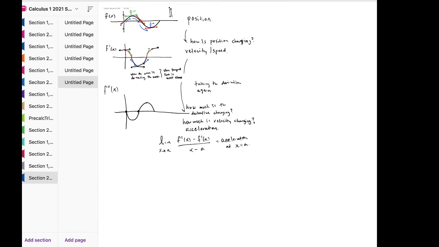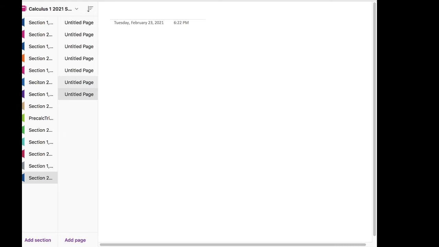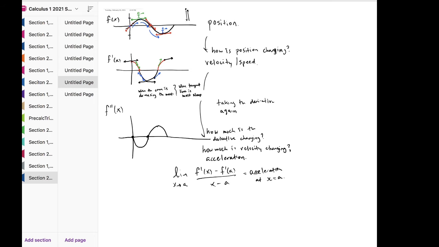So any questions about that? Okay, so let's think about this acceleration and see how we can identify it just by the graph itself and not having to go through the second derivative.